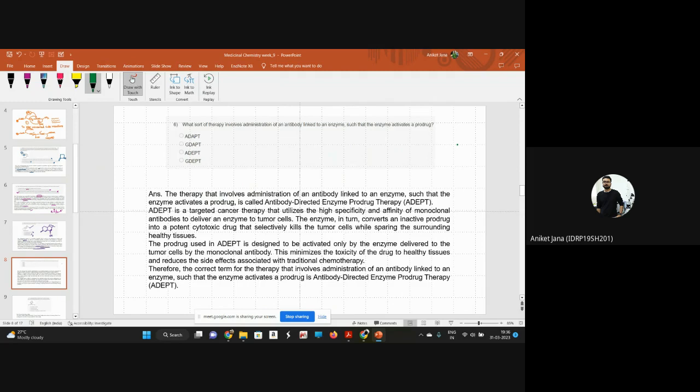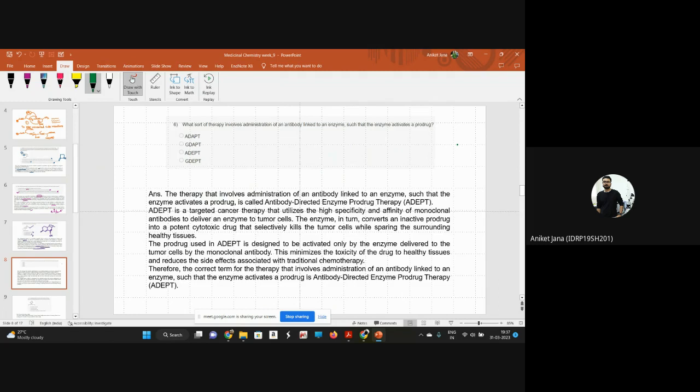The therapy that involves the administration of an antibody linked to an enzyme such that the enzyme activates the prodrug. We know the prodrug is the compound in the protected form of the drug which is inactivated, but it is getting activated inside our body after metabolism. So what is done here?